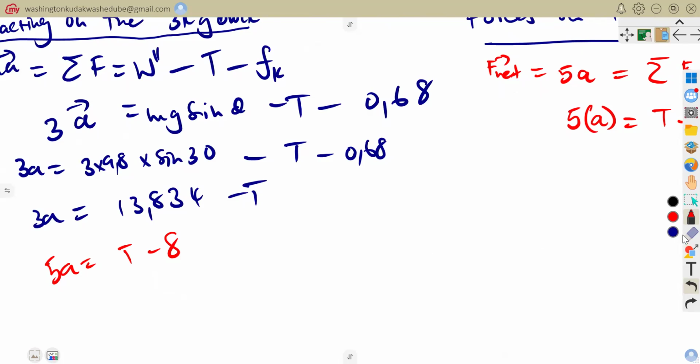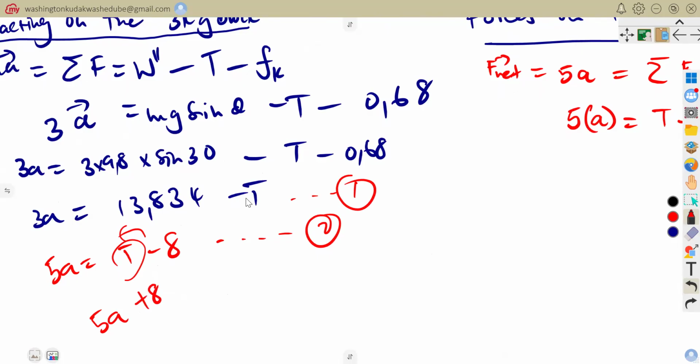With that, all I need to do is to solve for tension or acceleration. So I transpose the tension to the other side, it becomes 5a plus 8, and then I put it here. So it will be 3a equal to 13.834 minus my tension, which is 5a plus 8.